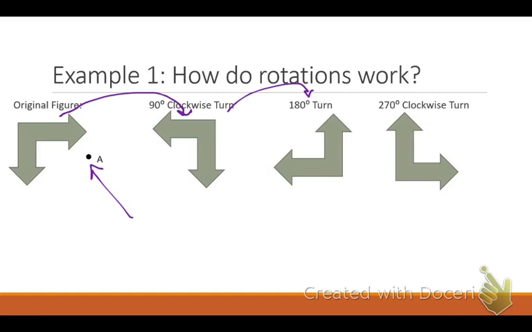And if it turns again, now it's at 270. So what I need you to get from this slide, you don't even necessarily have to write down the arrows, is what is happening when a figure is rotated. It's turning in 90-degree increments, either clockwise or counterclockwise. And that's what I'm doing with the ordered pairs.